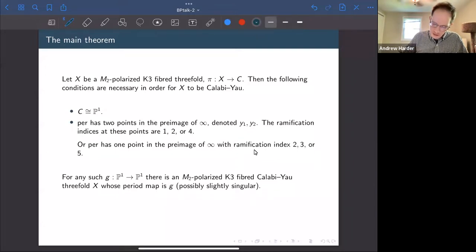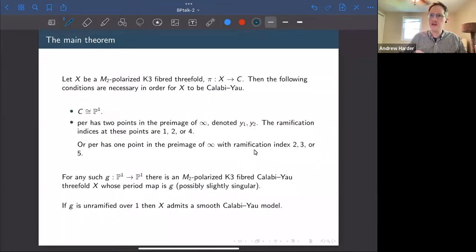If there's ramification, it can possibly be singular if there is ramification over the point 1. Under certain conditions you can have slight singularities, but this is minor, and we should put it off to the side. So this is the statement at the end: if there's ramification over the point 1, then this actually admits a smooth model. So we get our really precise classification of M2 polarized K3 fibred threefolds.